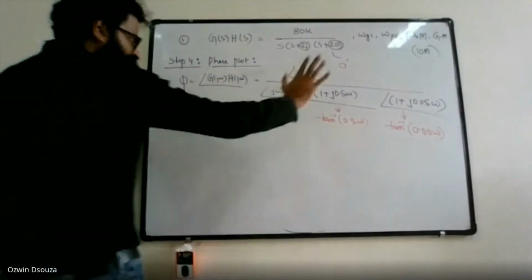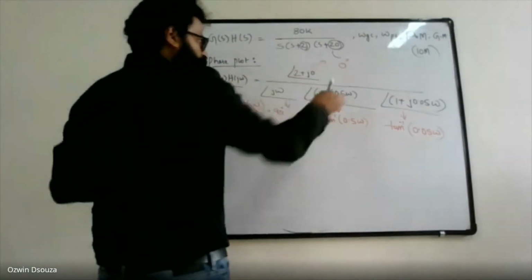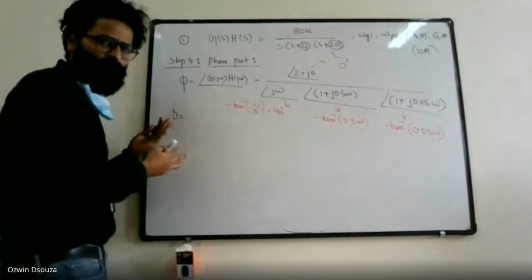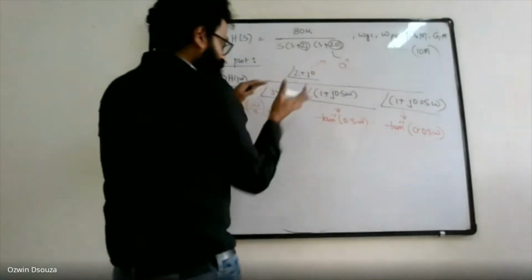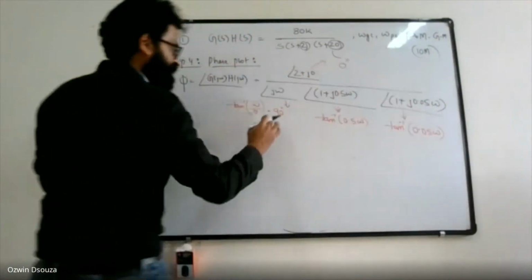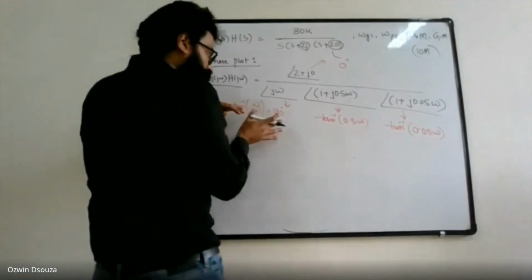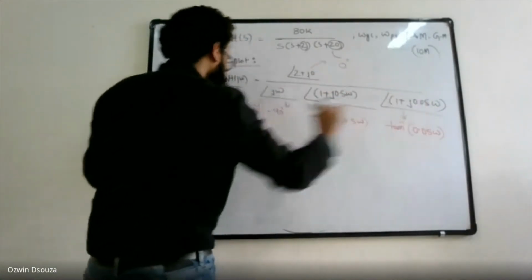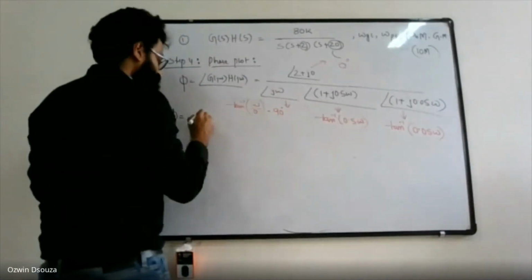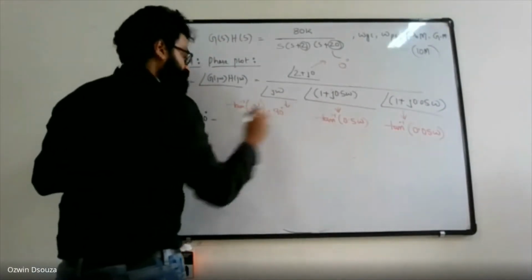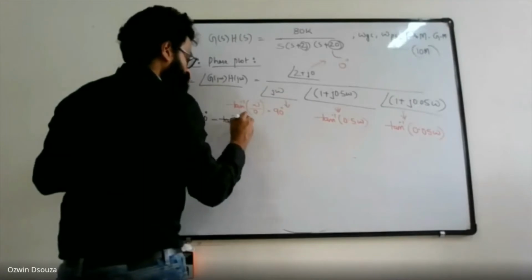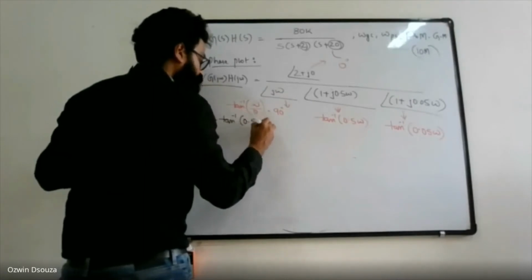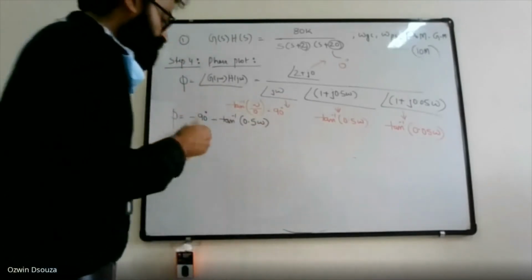So now you can put it into a single equation. So the numerator angle is 0. I don't have to write it, right? Minus the denominator angles. So minus, right? Because all these angles, when they go to the denominator, everything becomes negative. So minus 90 degree, minus tan inverse of 0.5 omega, all right?